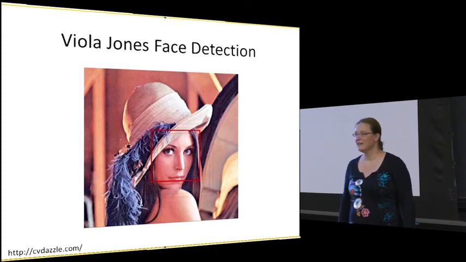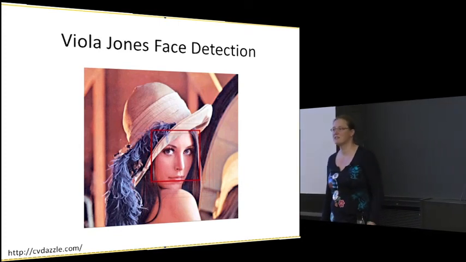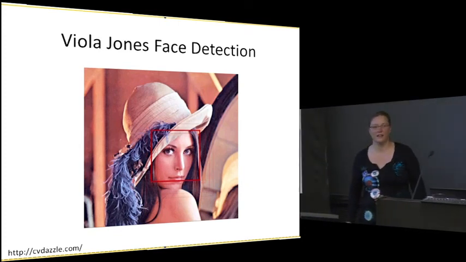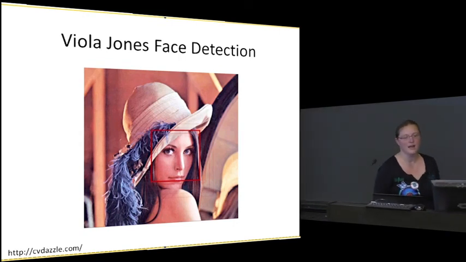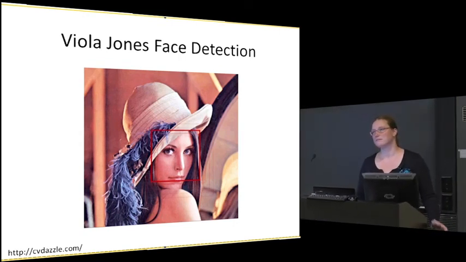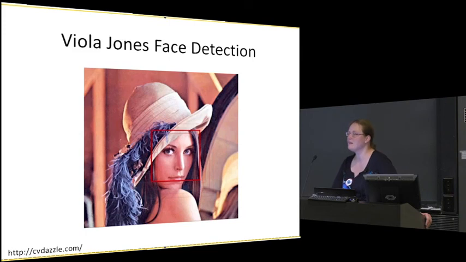Yes. The question was, this is only faster if you have very unbalanced classes. Well, then the gain is the largest, right? Because the more you can reject right at the beginning, the faster you go. If the classes were balanced, you would still be faster, right?